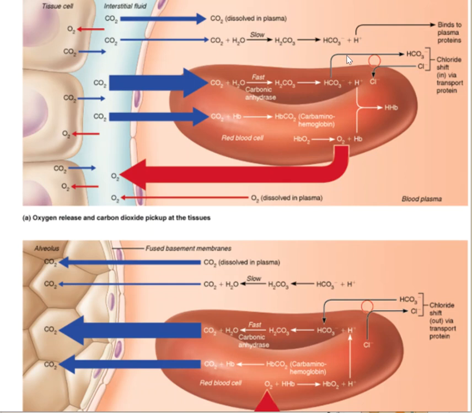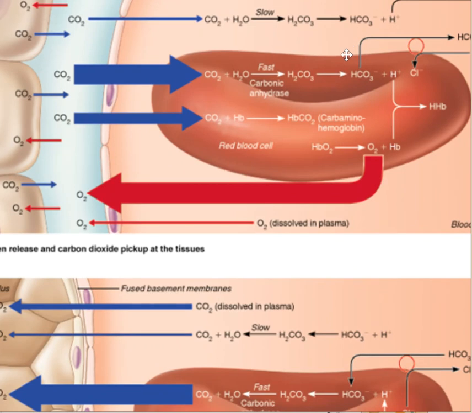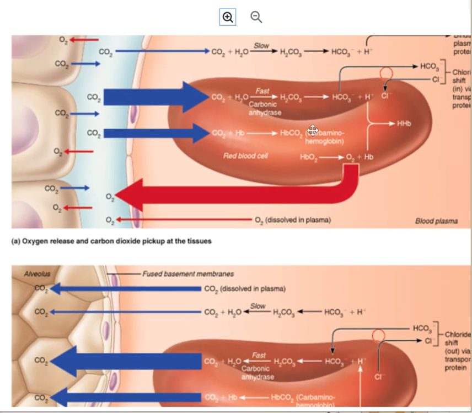Now, think for a second. There's a good thing and a bad thing here. We like bicarb because bicarb can grab onto acidic components and make our blood pH stay normal. We don't like the hydrogen, so we want to get rid of the hydrogen. There's a couple ways we can do this. One, if we're inside the red blood cell, we can take the hydrogen and combine it with the hemoglobin where the oxygen was, but we just got rid of it.